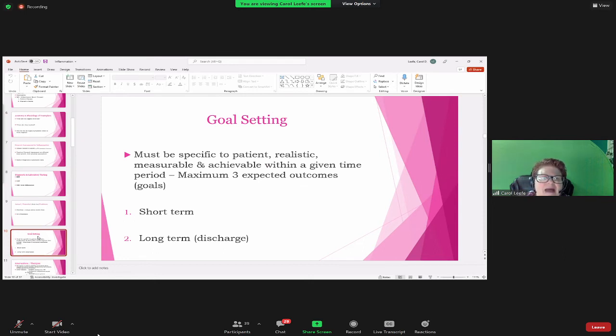Okay, that would be a specific measurable outcome. Okay, and the intervention would be to monitor the CBCs as ordered for white blood cell count. Okay, so it fits all those specific things, and you're going to want a trend.